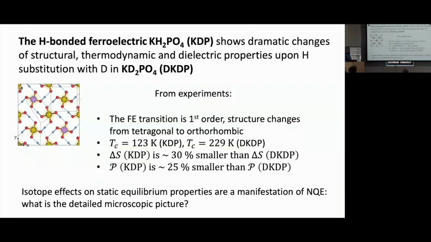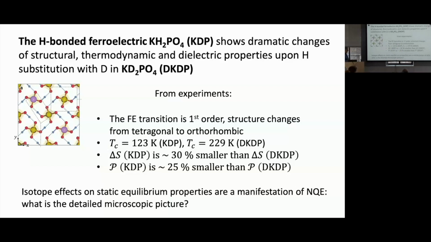Also, I want to notice that the excess entropy at the transition is about 30% smaller in KDP than in DKDP, and that the saturated polarization is about 25% smaller in KDP than in DKDP. Now, isotope effects on static equilibrium properties are a manifestation of nuclear quantum effects.